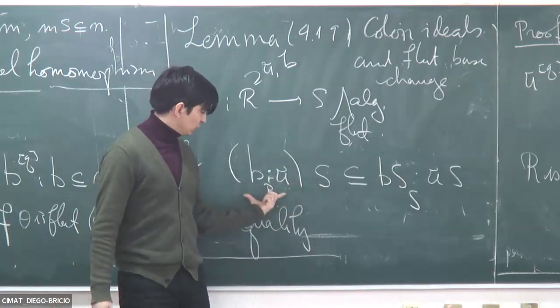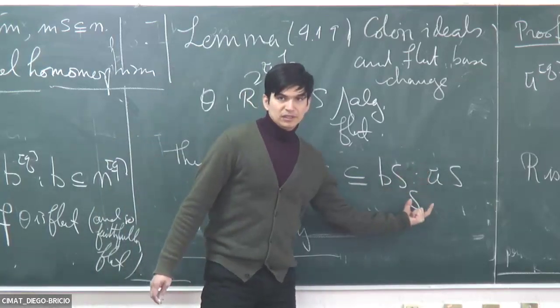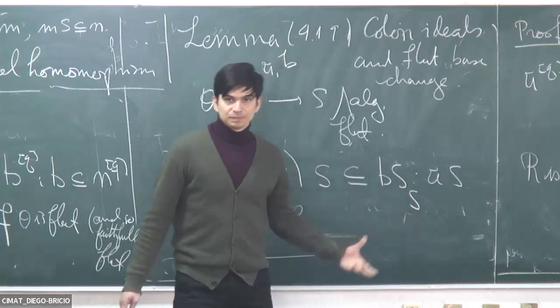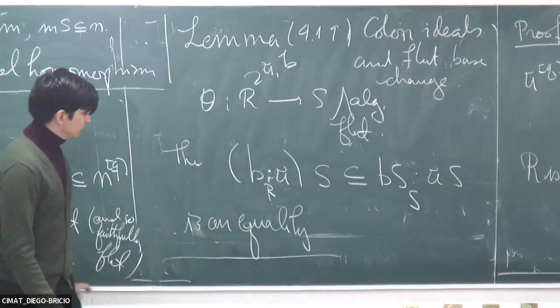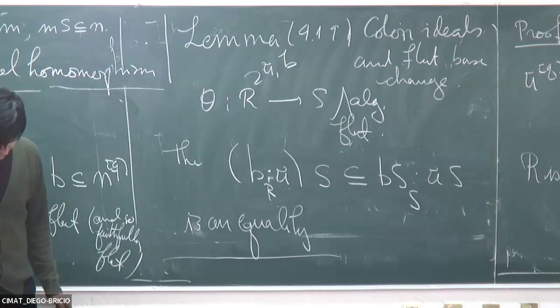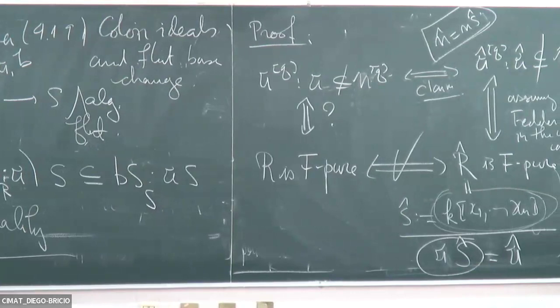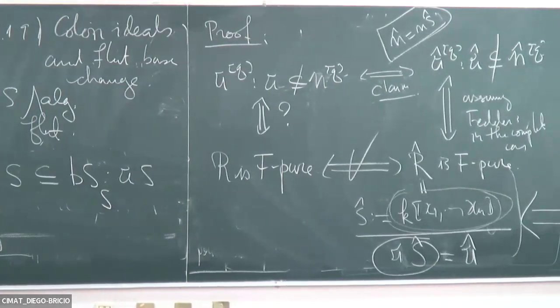So the base change of the colon ideal is the colon ideal of the base changes of the ideals. Okay, and so that's what is behind this thing. And how do you prove this? It's a wonderful proof. And let me stop there with that proof.